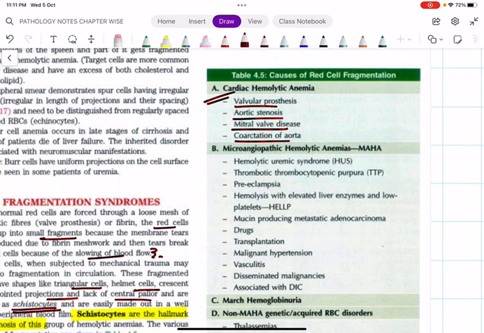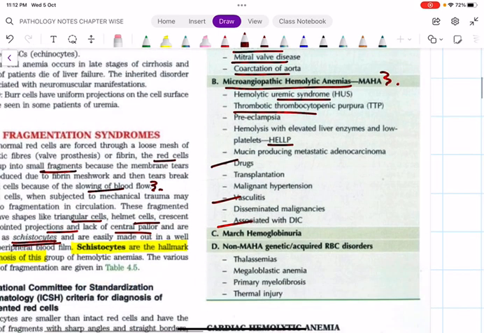Or we have another set of entities, the most common one that we encounter in our day-to-day practice, that is microangiopathic hemolytic anemia, which includes HUS, that is hemolytic uremic syndrome, thrombotic thrombocytopenic purpura, HELLP syndrome, drugs, vasculitis, disseminated malignancies, or conditions associated with disseminated intravascular coagulation. A last entity is March hemoglobinuria, and other acute RBC disorders.